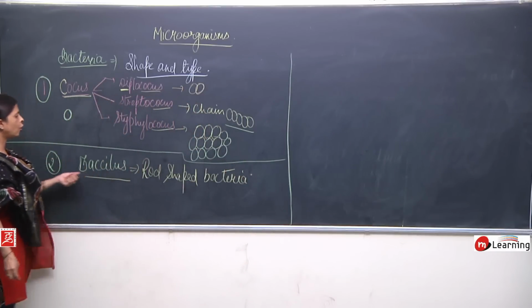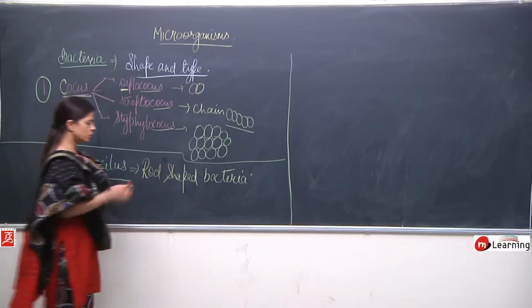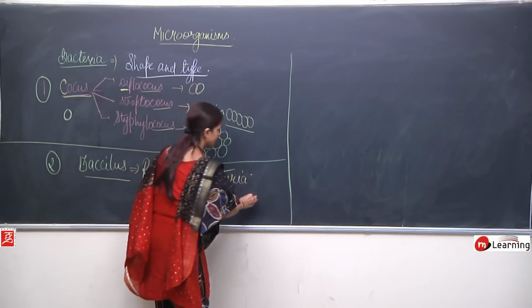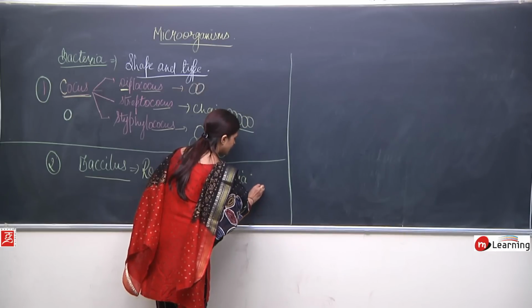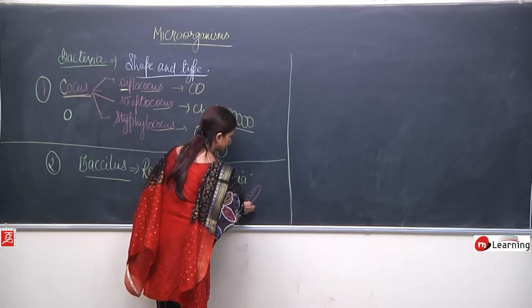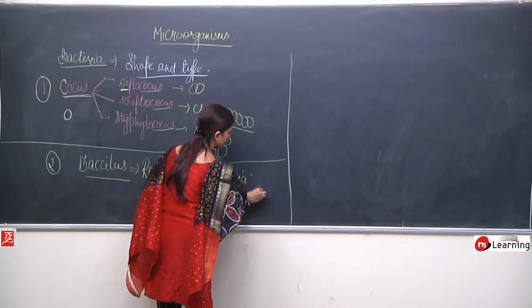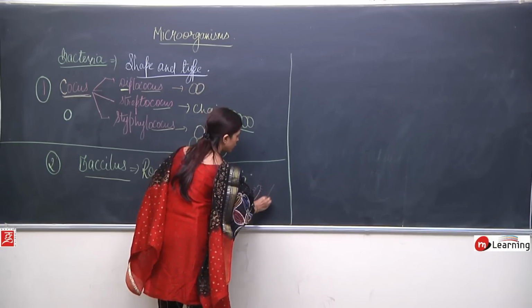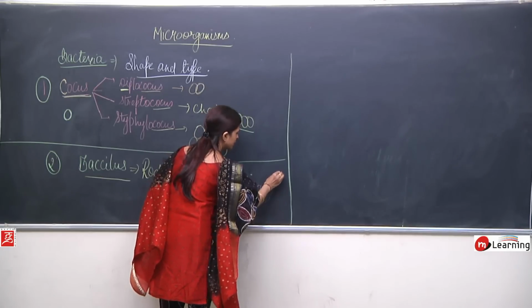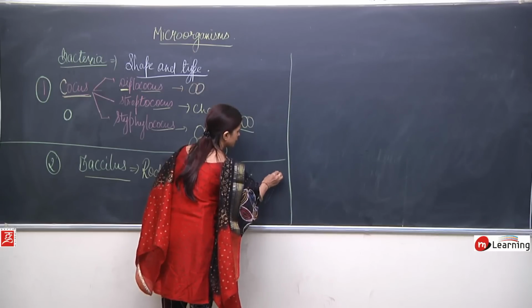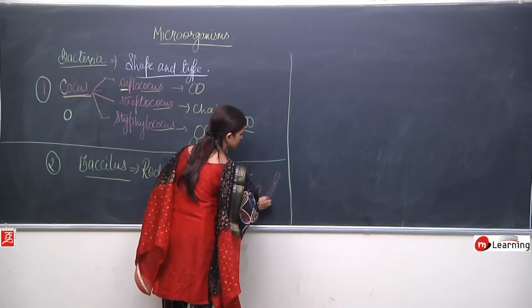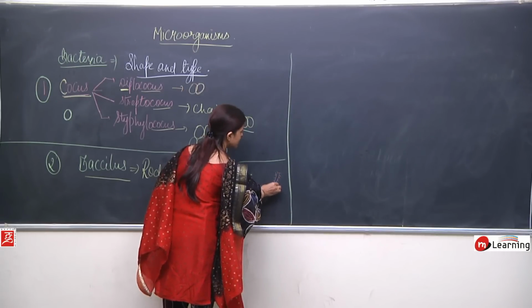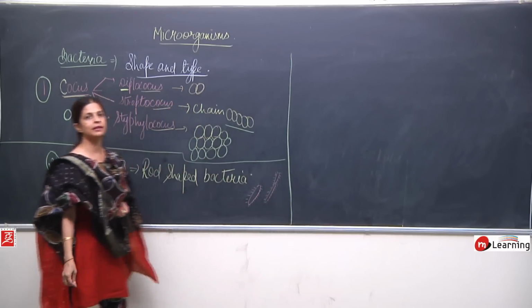So how are these bacteria? These are like this. This is the rod shaped bacteria. So this is about the Bacillus.